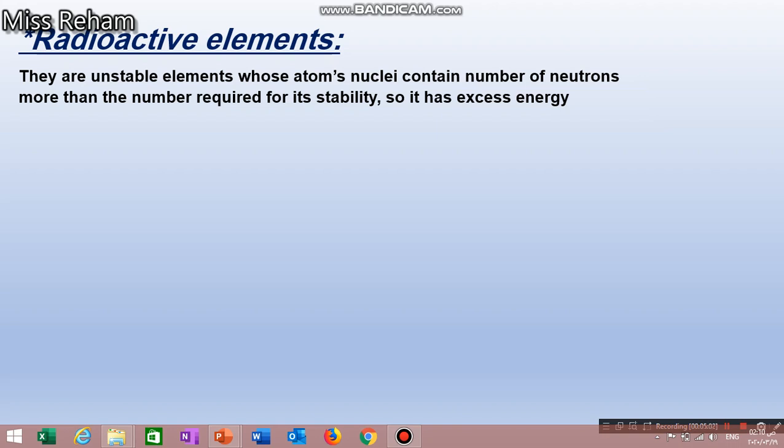Again, Henri Becquerel is a scientist who discovered unseen rays from uranium element. These rays can penetrate solid objects.